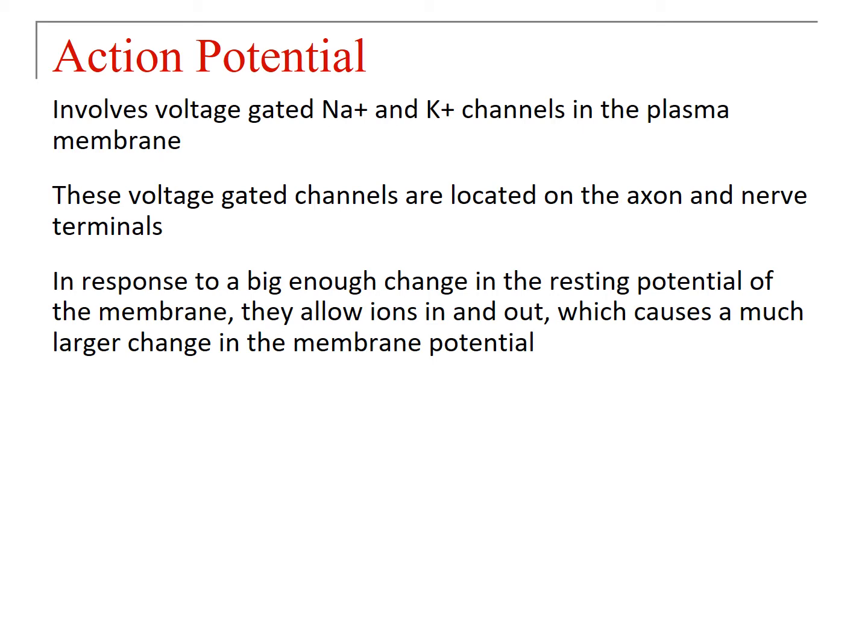And once again, remember that muscle tissue has exactly the same set of these voltage-gated channels. So the way things work in a neuron are basically the same way that things work in a muscle cell. In response to a big enough change in the resting potential of the membrane, they allow ions in and out.